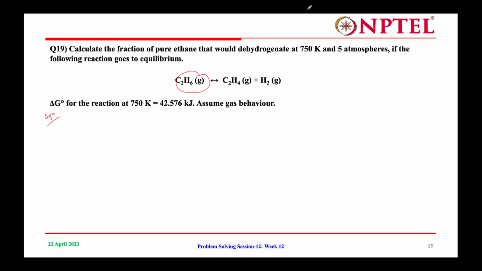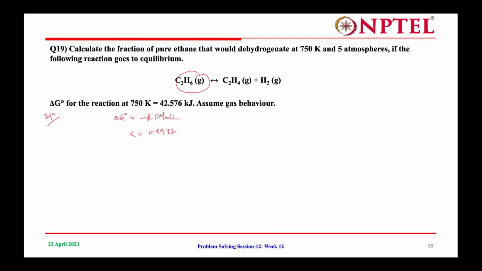So initially calculate the K value, the equilibrium constant, using this relation, delta G equals minus RT ln K. So K is equal to 0.9932, right?